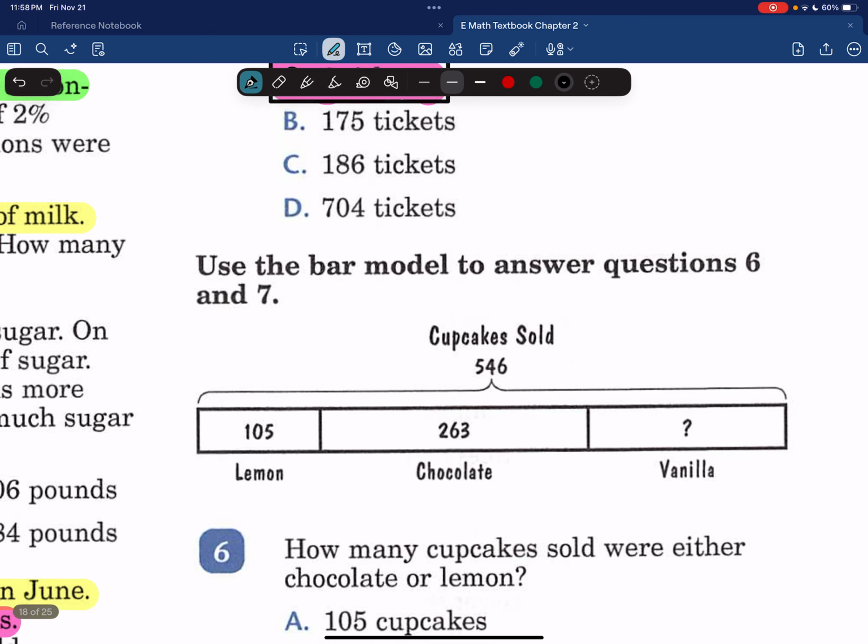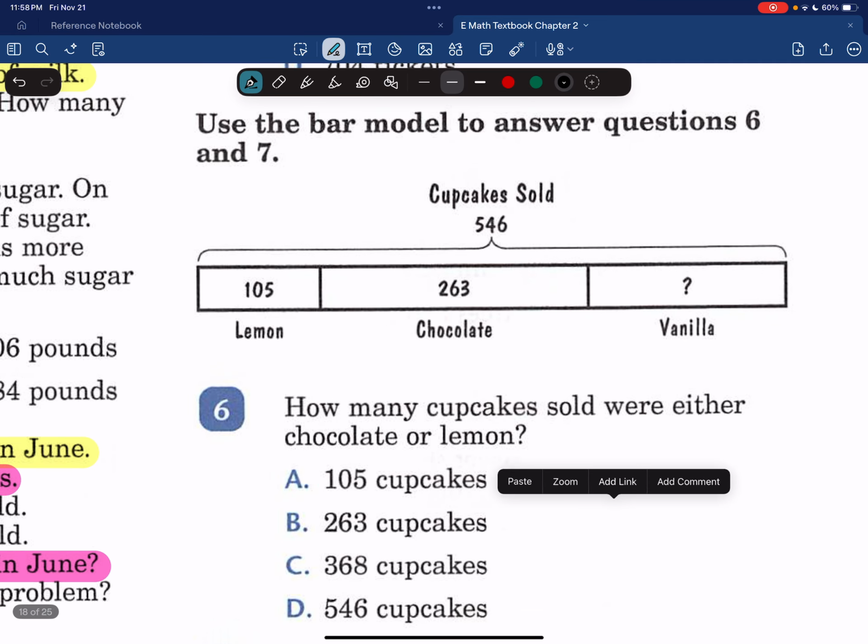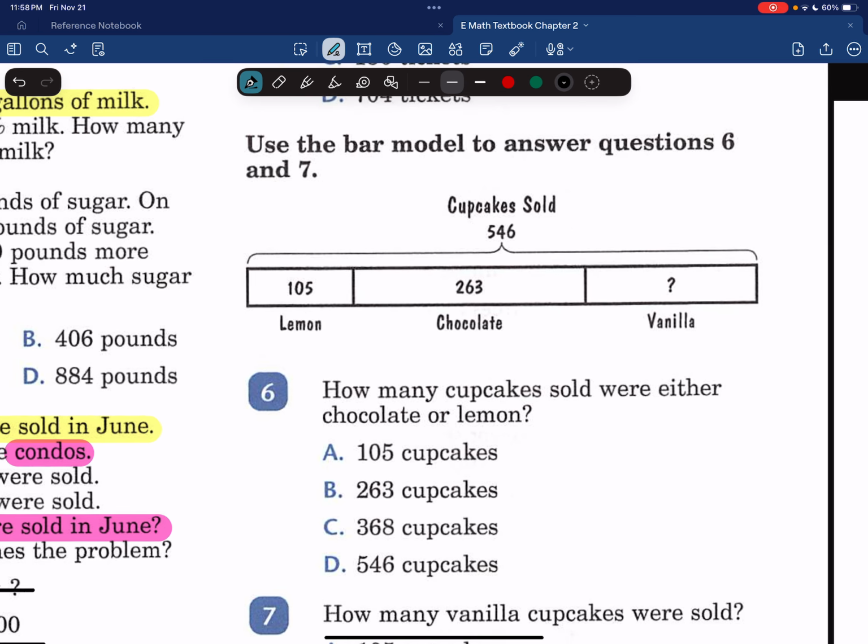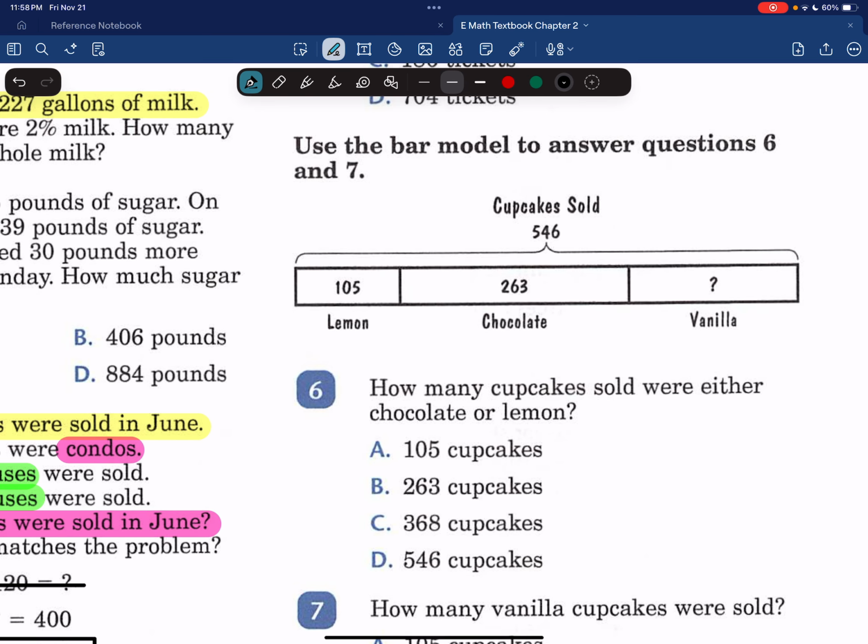All right, numbers 6 and 7 refer to the bar model. So I don't have to draw a model, it's already drawn for me. I will not clip this one, we'll just work it right here. But let's break it down.